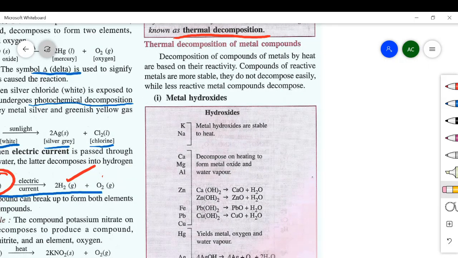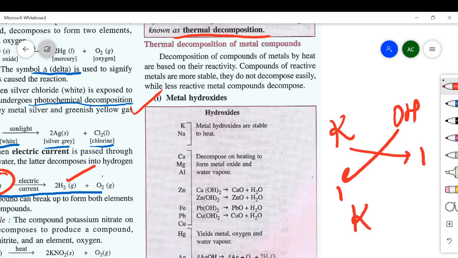Okay, now we'll see the thermal decomposition of metal compounds. You all know what thermal decomposition is now. That means when you provide heat to it, what happens? Potassium is having valency 1, hydroxide 1. It will form hydroxide as KOH. Now we'll see the example of sodium.